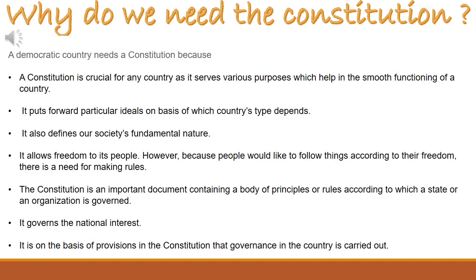However, because people would like to follow things according to their freedom, there is a need for making rules. The Constitution is an important document containing a body of principles or rules according to which a state or an organization is governed. It also governs the national interest. It is on the basis of provisions in the Constitution that governance in the country is carried out.